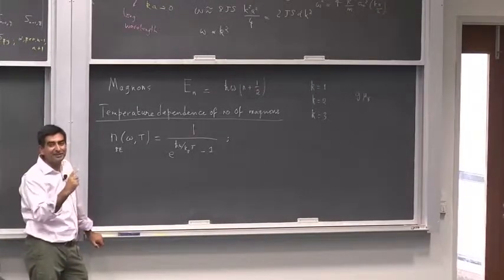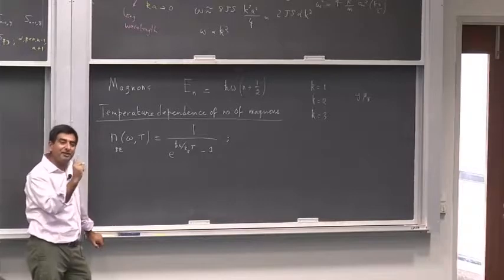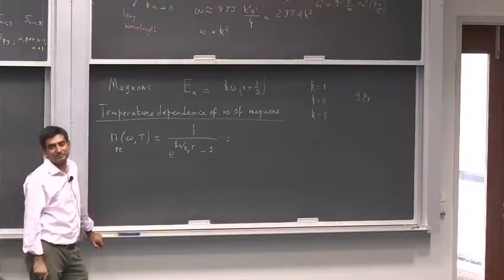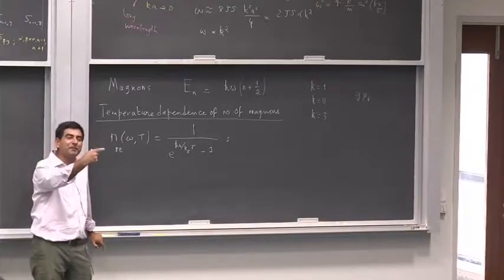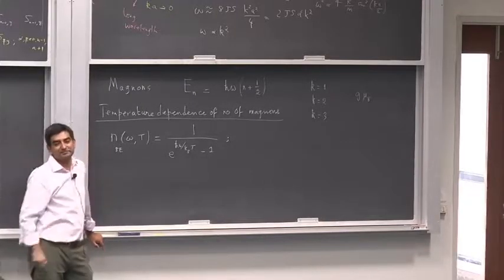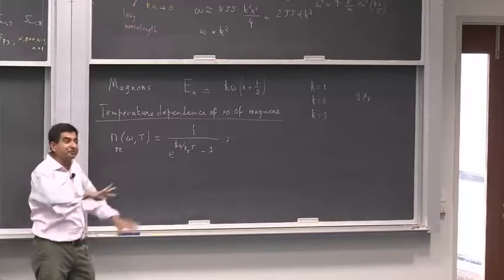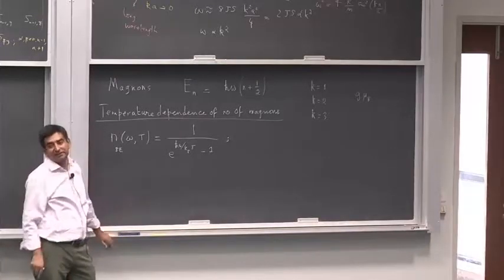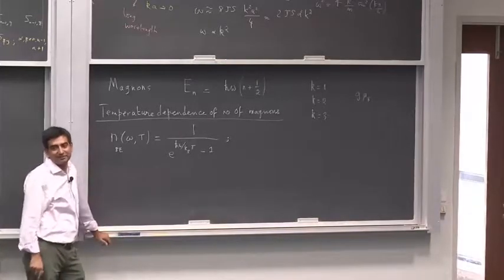They have spin 1 because each one of them is contributing 1 unit of angular momentum. Each magnon that is being excited is equivalent to 1 spin flipping inside the system. But its flip is spread out over all the spins. Remember, it's delocalized.